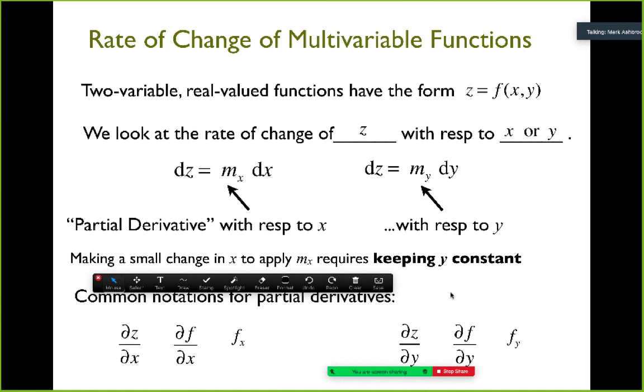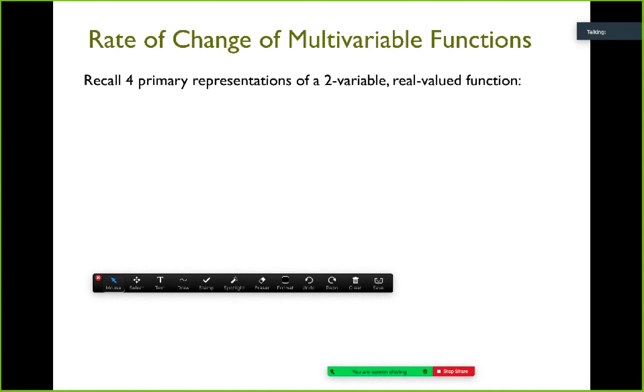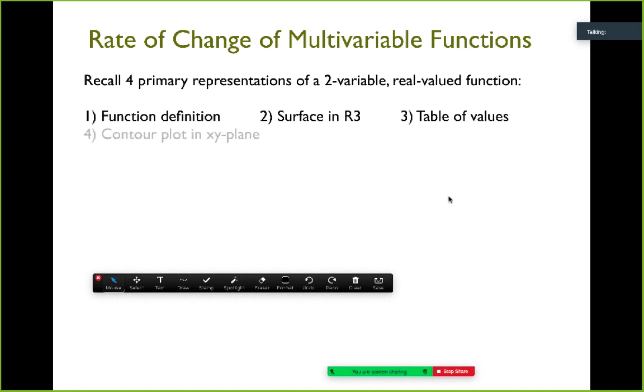Okay, so we want to start investigating and learning about these partial derivatives within the four different representations of multivariable functions. So what were those four representations? We had function definition or formula, a surface in R3, table of values, and a contour plot. So today we're going to focus on the function definition.